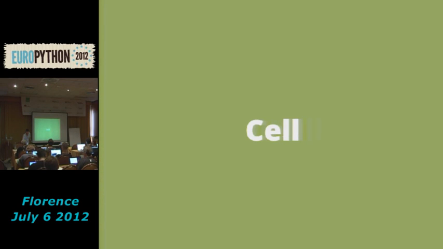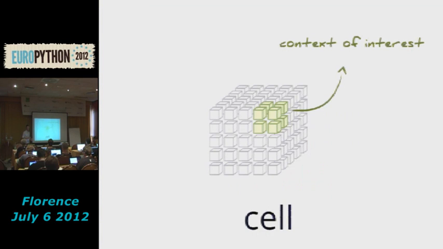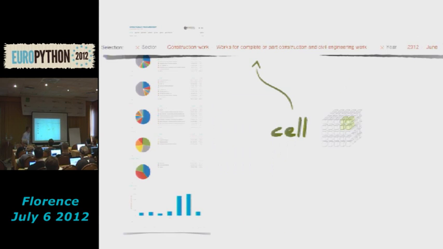So a couple words about cell to align terminology I'm going to use. So cell is a context of interest. So we were looking at your data. The cell is something you are currently looking at. So if you have an application like this, you have a report, and this is description of the cell.